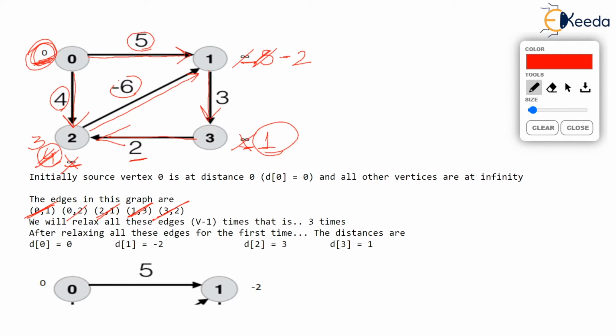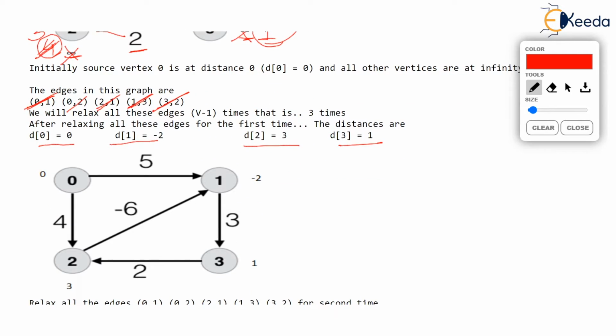So after relaxing all the edges for the first time, the vertices 0, 1, 2, 3 are at distances 0, minus 2, then the second vertex is at 3, and the third vertex is at 1. That has been written below over here. Distances of all the vertices have been written, and the refreshed graph has been shown here with the new distances.